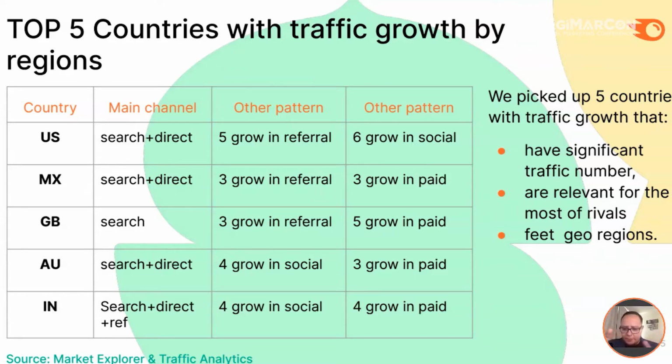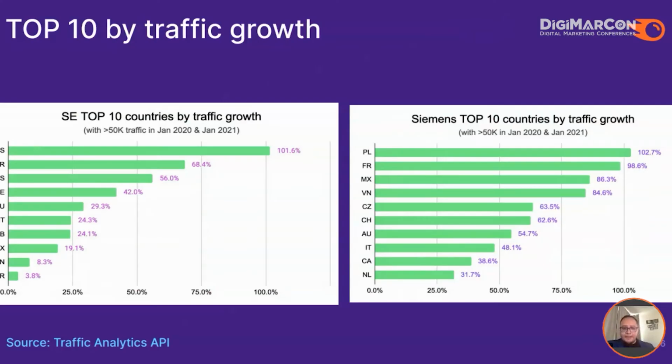So all the information is already here. We can take this data from Market Explorer and Traffic Analytics. I already mentioned using the dashboard or through an API connection. And after that, you can do the next thing.